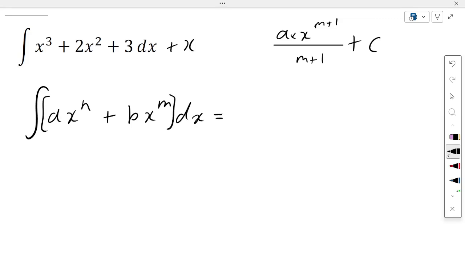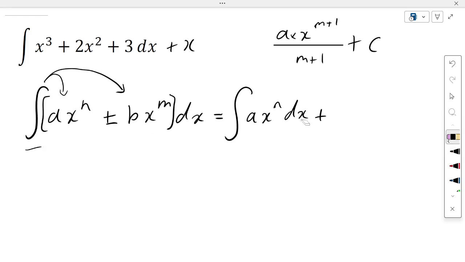So obviously we have our brackets like that. We can actually take the integral into all of these terms because of the addition, and it also works with subtraction. But let's just work on this addition because that's our general way of doing it. This will be written as the integral of ax to the power of n with respect to dx plus the integral of bx raised to the power of m with respect to dx.